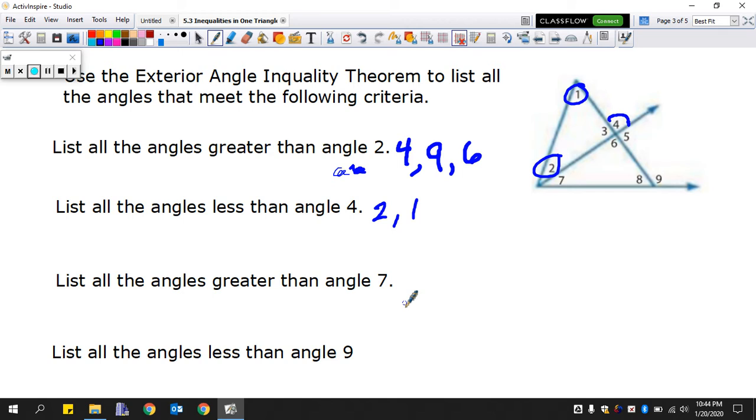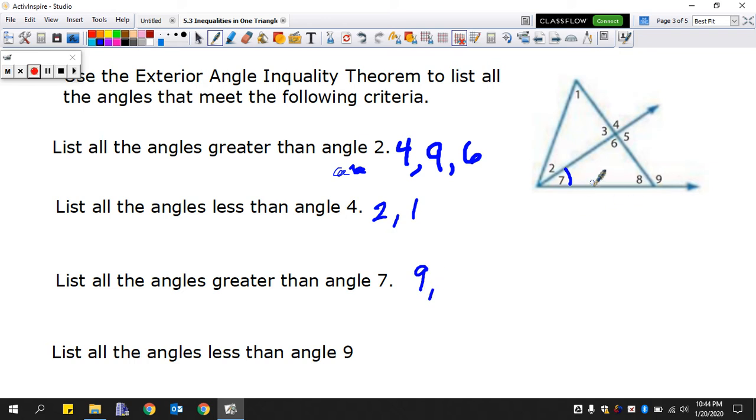Okay, list all the angles that are greater than angle 7. Okay, well, if we look at this, angle 7 is right here, so that's related to angle 2. Okay, so angle 7 here, so 9. Okay, 9 is bigger.